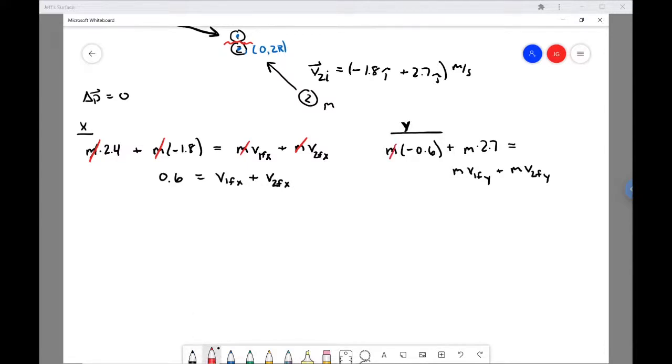And so just like in the other expression, all these m's will cancel, and so 0.6 plus 2.7 is 2.1 equals v1 final y plus v2 final y.